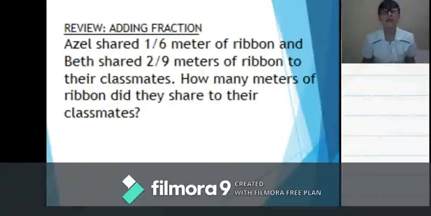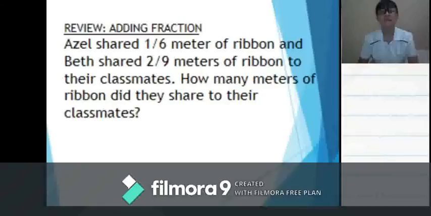In this problem, Rizal shared 1/6 meter of ribbon and Beth shared 2/9 meters of ribbon to their classmates. How many meters of ribbon did they share to their classmates? So that is our problem this time.